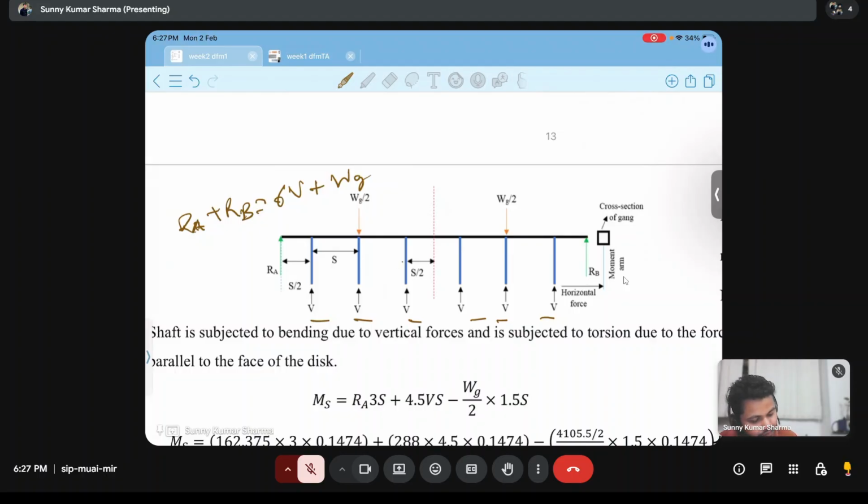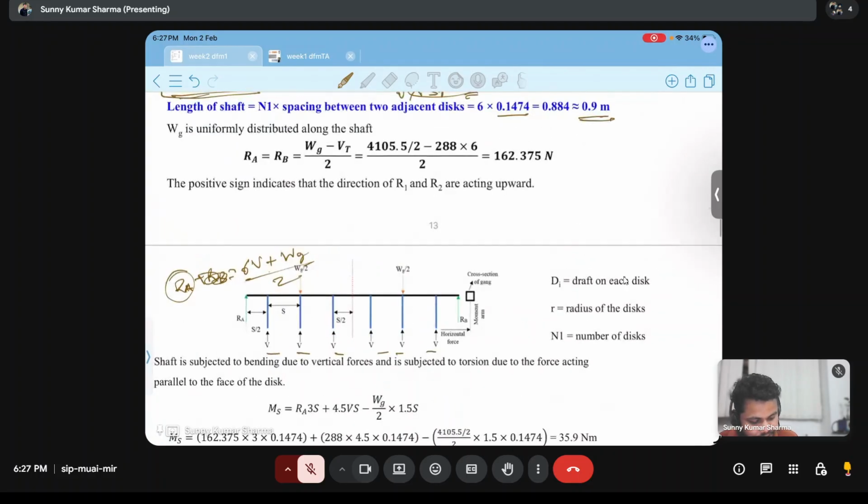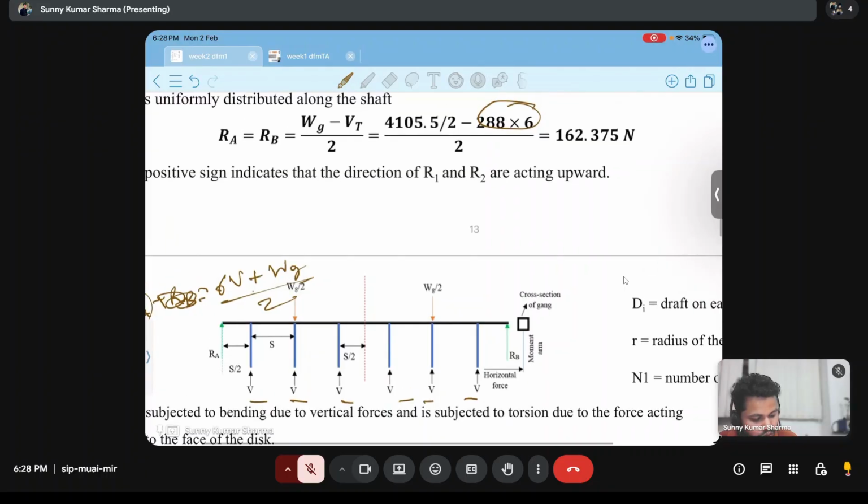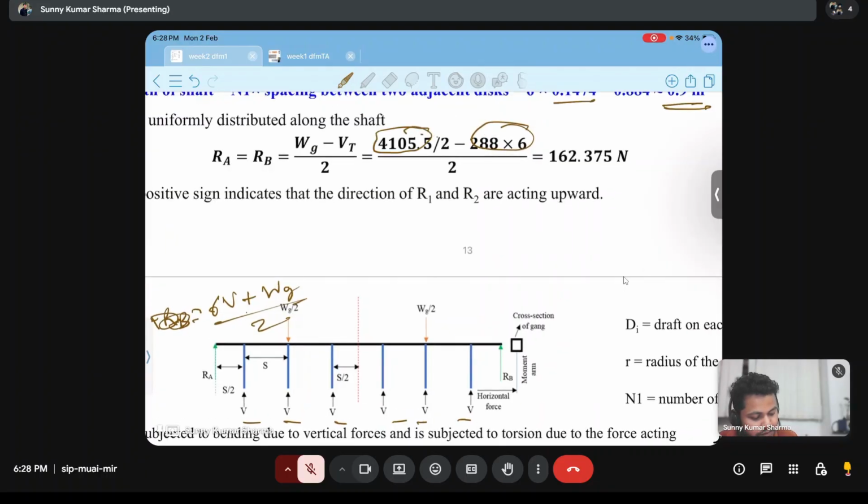So either RA or RB will be this value divided by 2. That has been done here. Total vertical force is 288 into 6. And what is the weight of one gang? Total weight of gangs divided by 2 will be the weight of one gang.